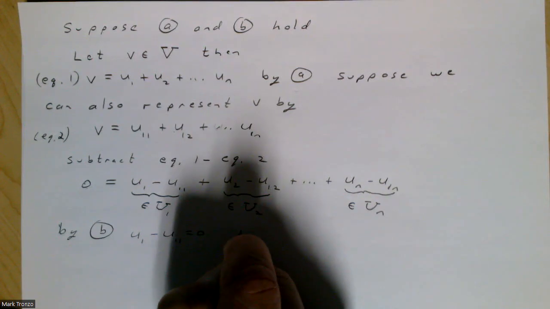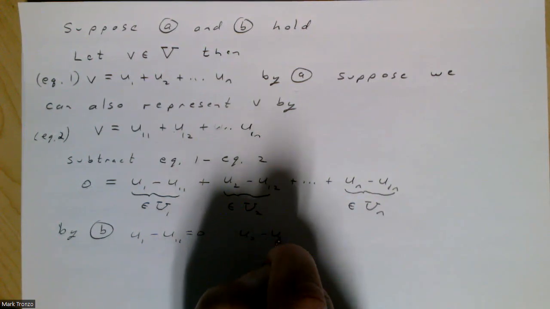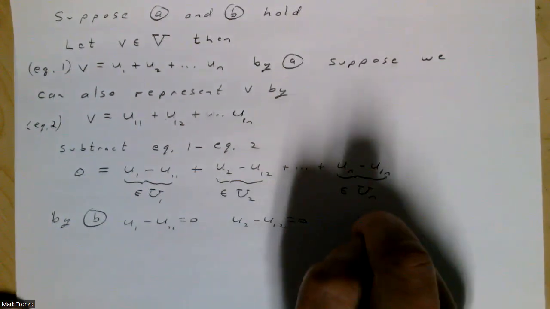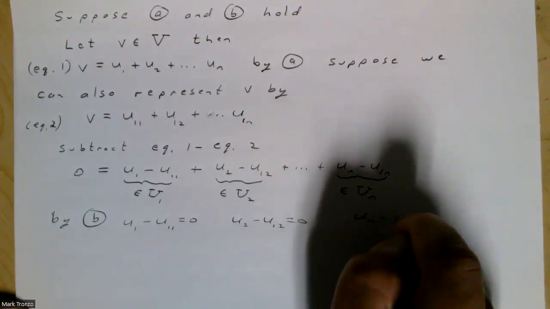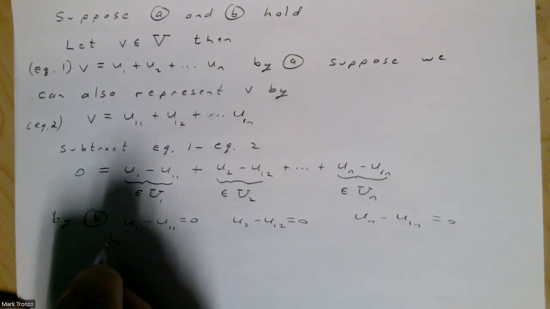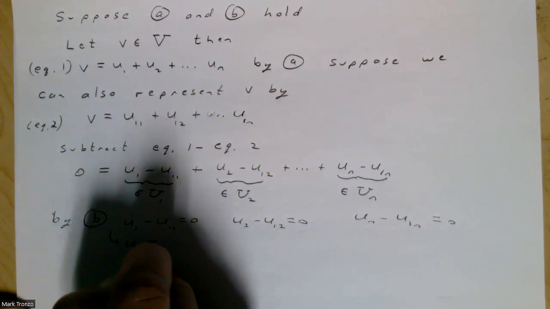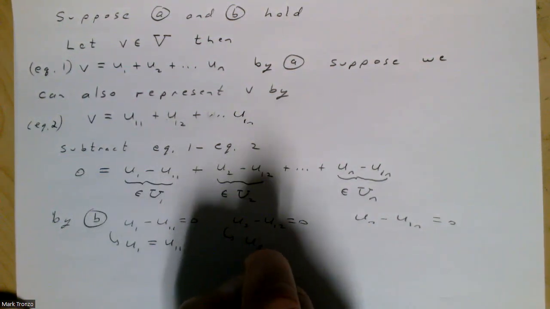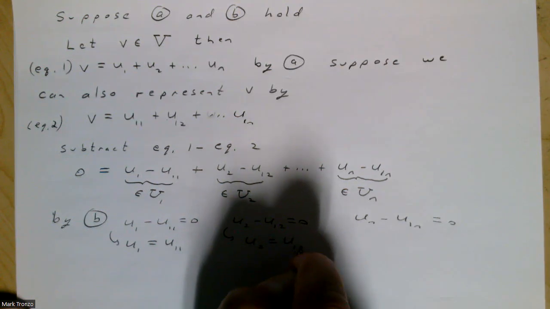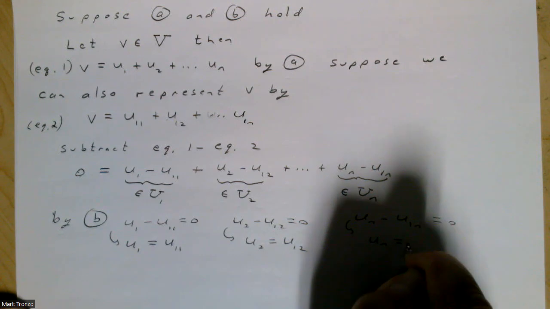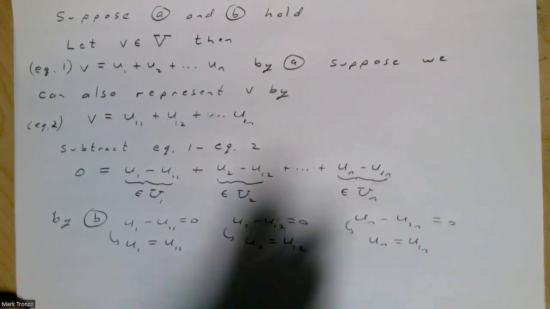Same thing over here. All the way up. And then, of course, this implies U1 is U11, U2 is U12, UN is U1N, like that.